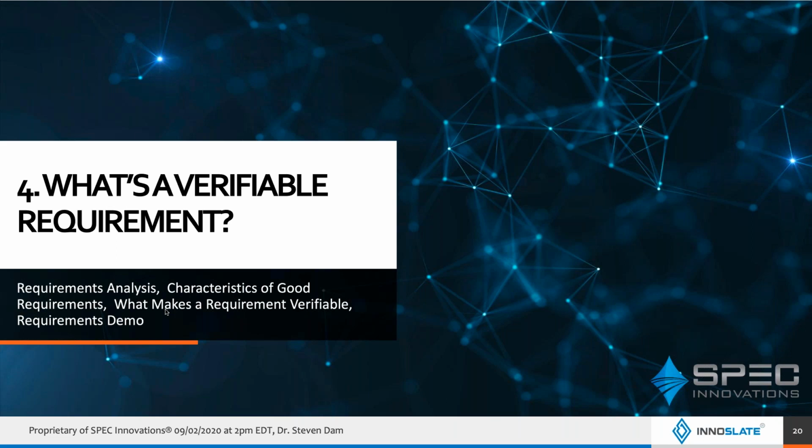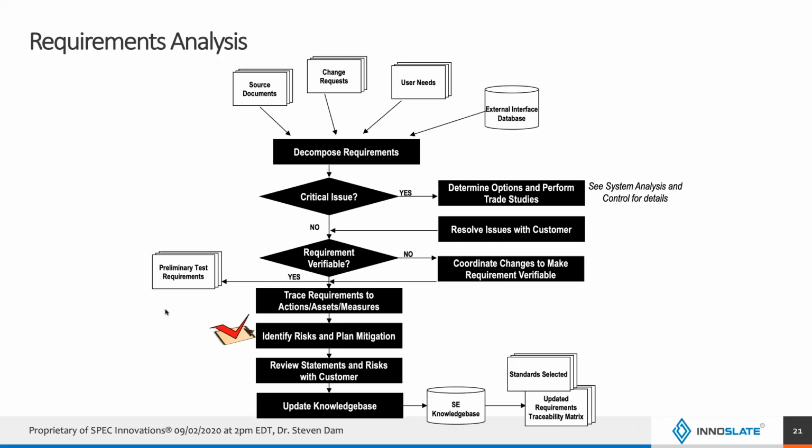Let's jump in and talk about what's a verifiable requirement. So this is our process for requirements analysis. We go through this process, and in that work, we're decomposing the requirements that come in. And again, they come in from all sources and types of ways.